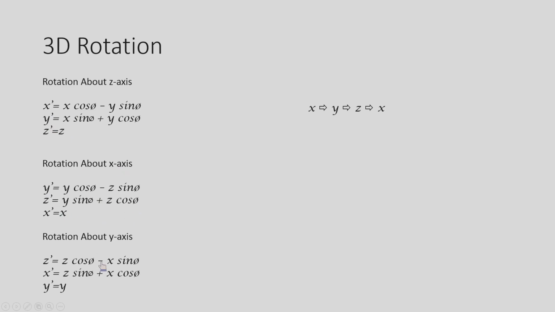Now again, if you make the replacement to this set, you will get this. So x will be replaced with y, so you will get rotation about y-axis. Similarly, y dash will become z dash, z dash will become x dash, and x dash will become y dash. So this is a trick to remember them easily.